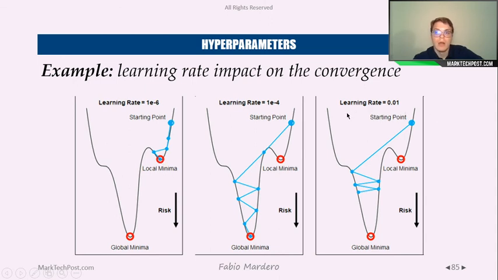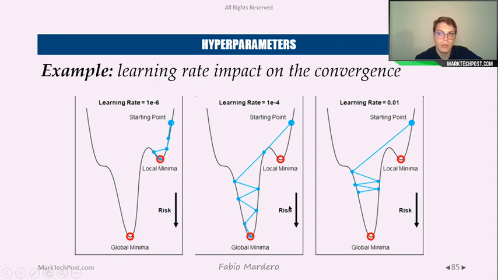If we take a learning rate too high, then the algorithm cannot find the best parameters here, because it keeps jumping from one point in the loss surface to the other, but it does not get to its minimum.